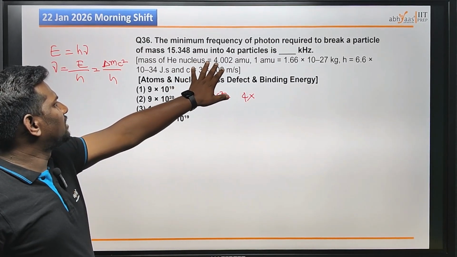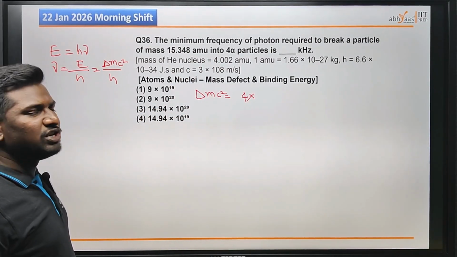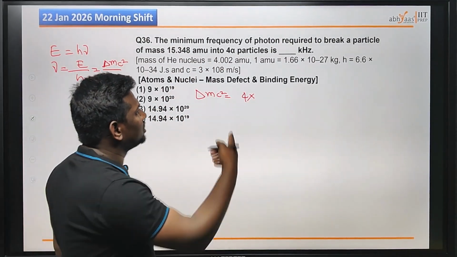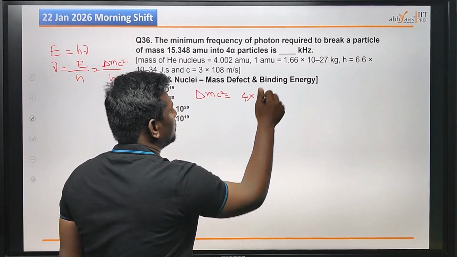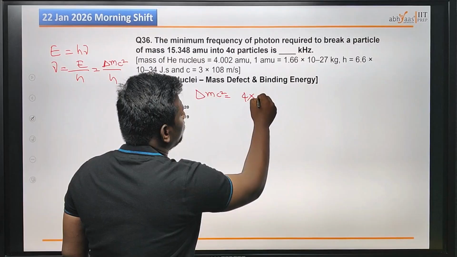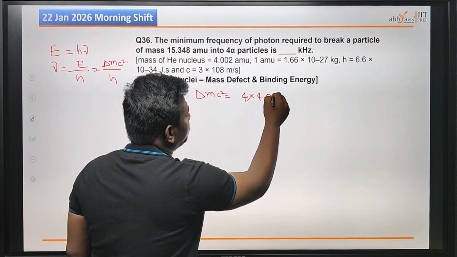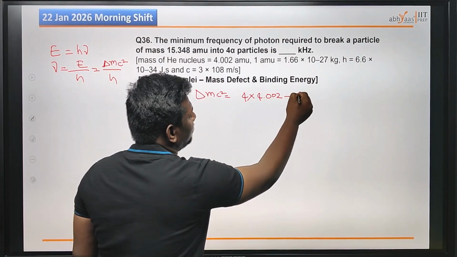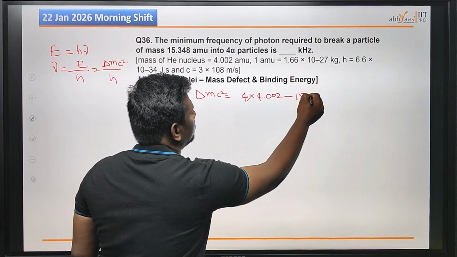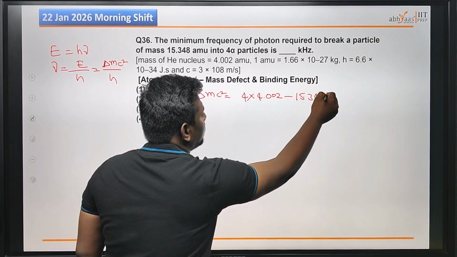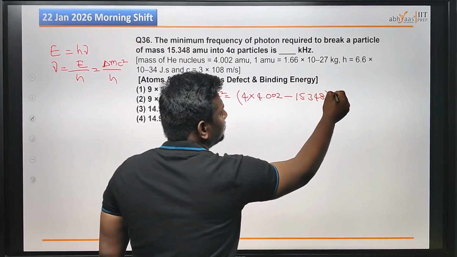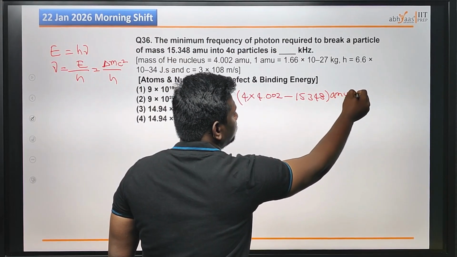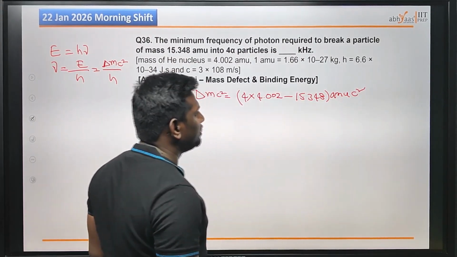Here, the helium particle, 4.002 AMU. I will convert that AMU into kgs from here. So see here, 4.002 minus 15.348 into AMU, that is the AMU by c square into c square.